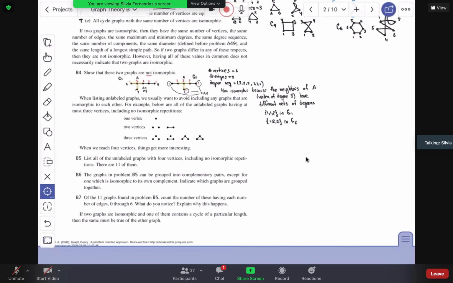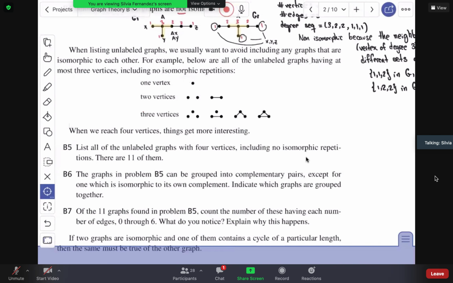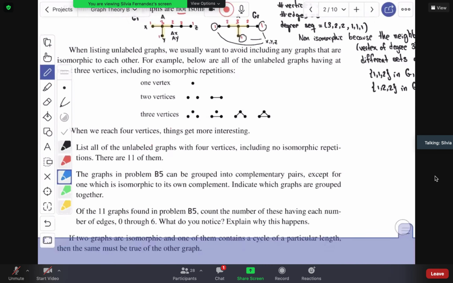One nice practice is to try to find all the non-isomorphic graphs with a certain number of vertices. Here you have the graph for one vertex; there's only one. With two vertices, you can have one with two components, or one with only one component, so they're not isomorphic. Then you have the ones with three vertices. It's better to find them by the number of edges.